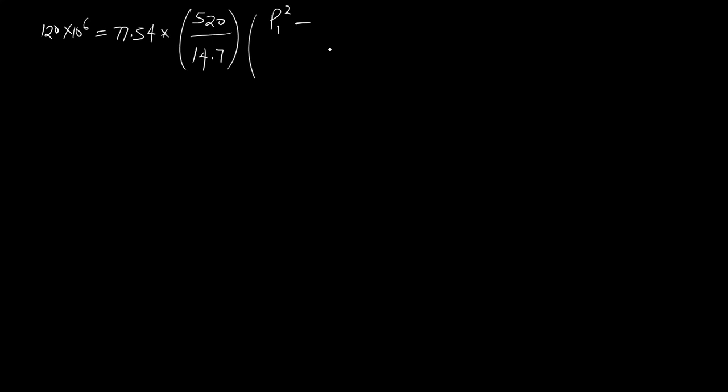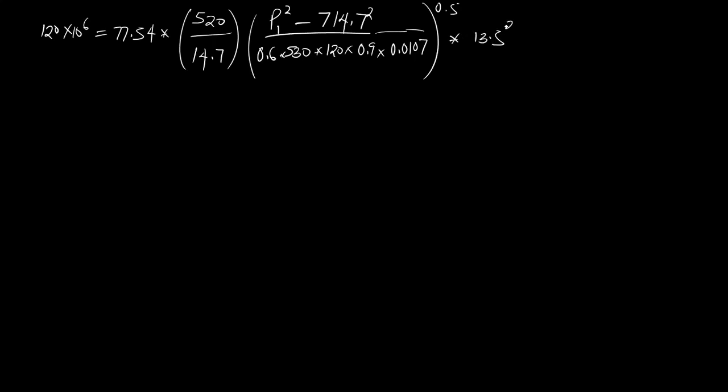Now to convert it to psia, we add 14.7, so we have 714.7 square divided by G, which is 0.6, divided by the gas temperature, which is 530, divided by the length of the pipe, which is 120 miles, divided by the compressibility factor, which is 0.9, and the friction factor, which is 0.0107, all raised to power 0.5 times 13.5 raised to power 2.5.